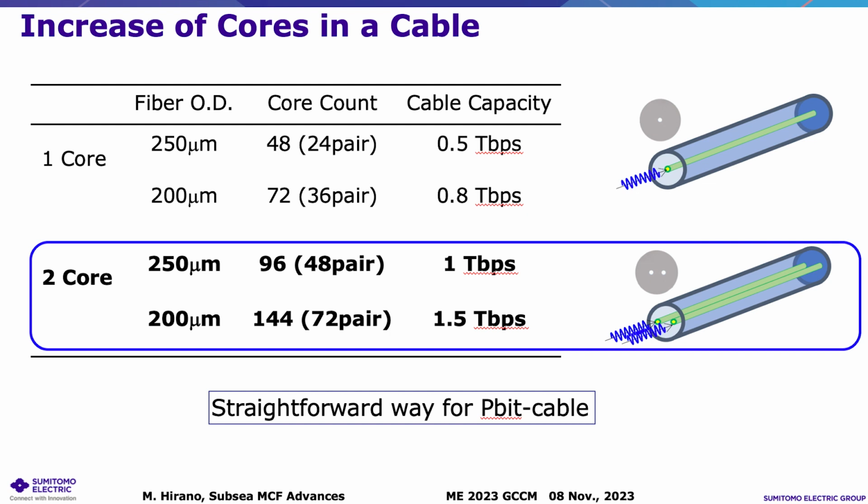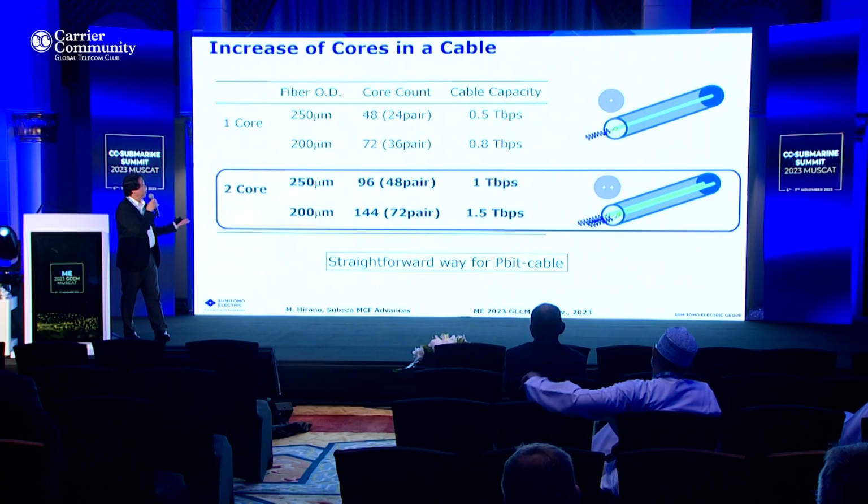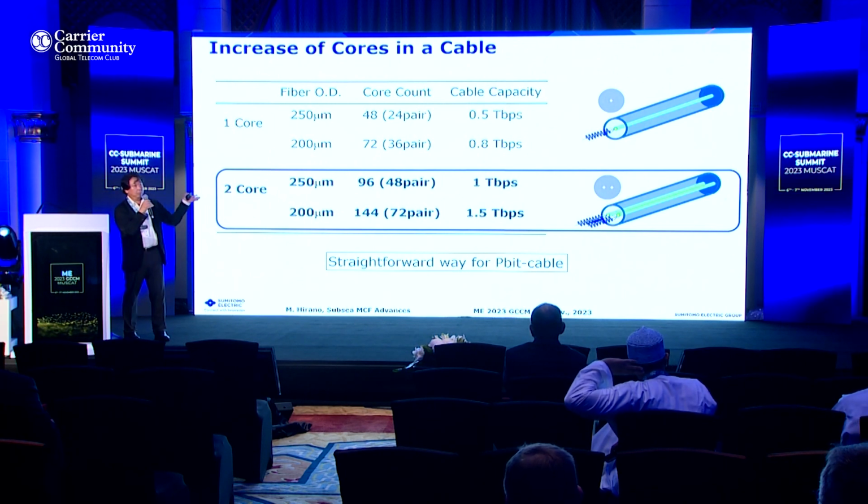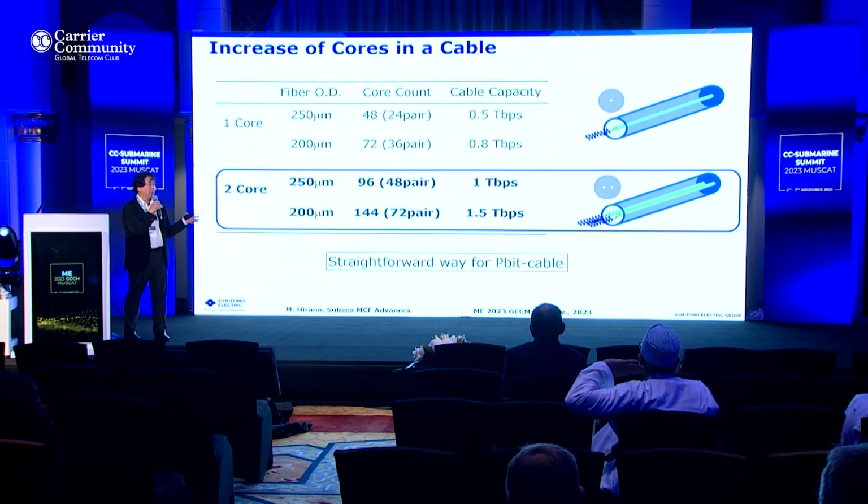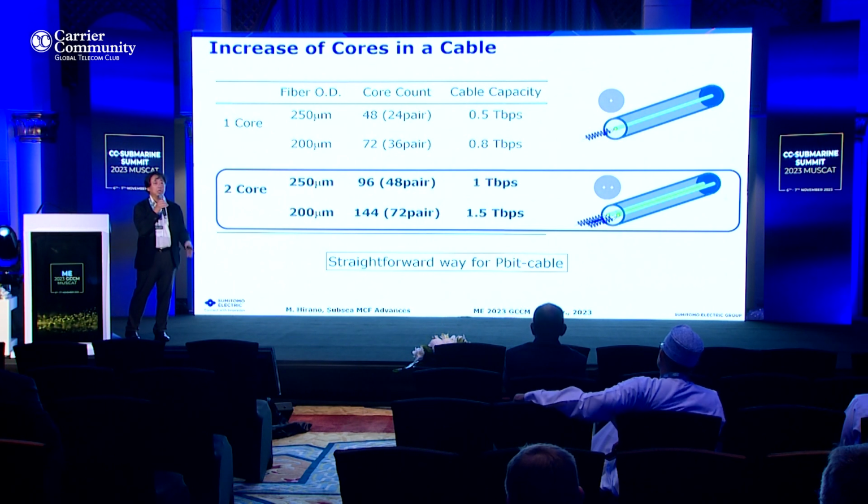Tomorrow, maybe slim fiber, 200 micron fiber. If the fiber diameter becomes smaller, to 200 micron, the cross-section of the fiber becomes 50% smaller. Okay, this means that the number of fibers in a single cable or single tube can be enhanced 1.5 times higher.